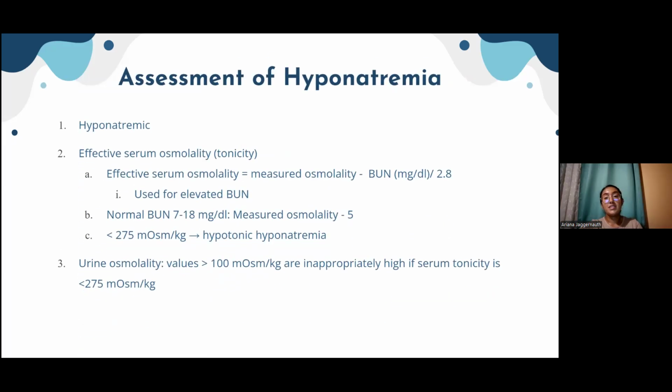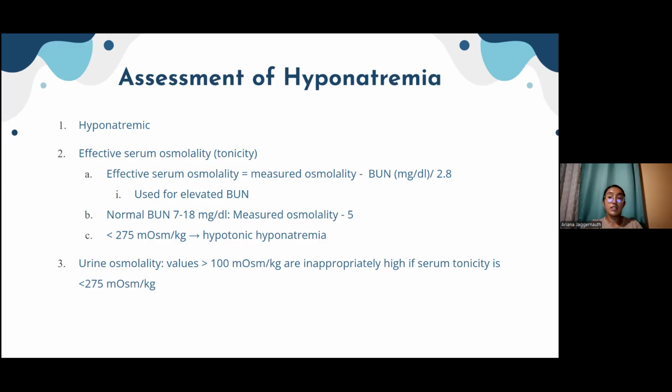So, how do we assess these patients with hyponatremia? First of all, they must be hyponatremic. Secondly, we look at the effective serum osmolality, which depends on the blood urea nitrogen levels. In cases where the patient has an elevated BUN, effective serum osmolality is calculated by the measured osmolality minus the BUN in milligrams per deciliter divided by 2.8.